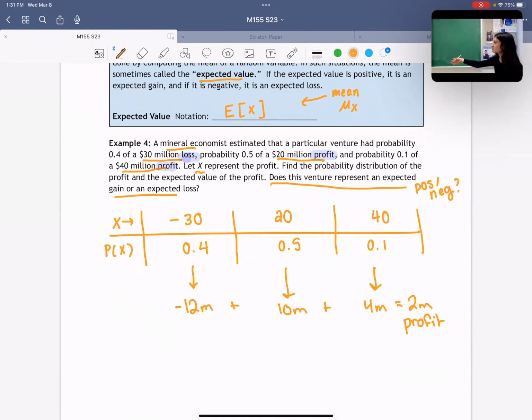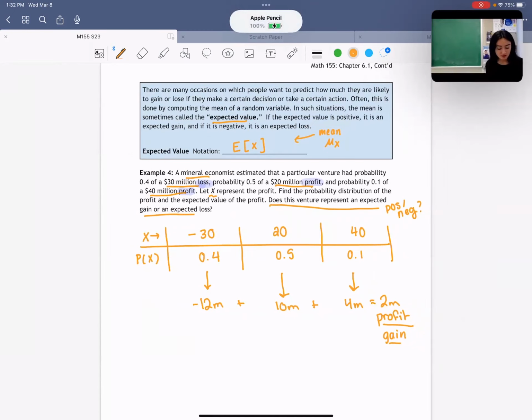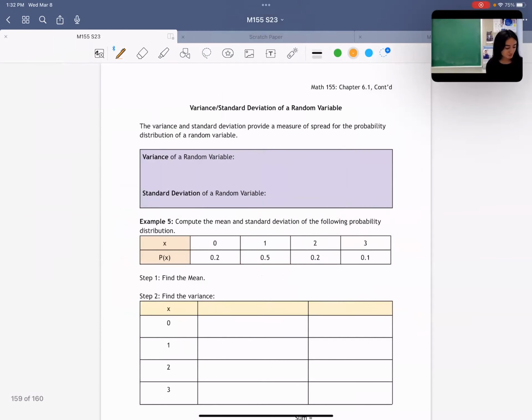And since our answer is positive, this is a 2 million profit or a 2 million gain. That's all that question's asking. Any questions on example number 4? All right. So expected value, mean, it's the same thing.